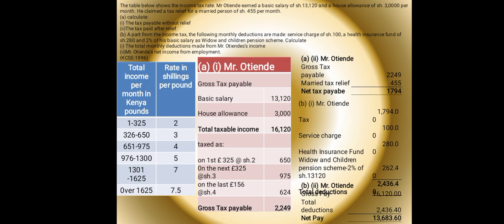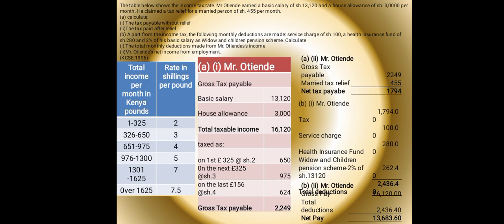A. Calculate 1. The tax payable without relief. 2. The tax paid after relief. B. Apart from the income tax, the following monthly deductions were made: a service charge of 100 shillings, a health insurance fund of 280 shillings, and 2% of his basic salary as widow and children pension scheme.